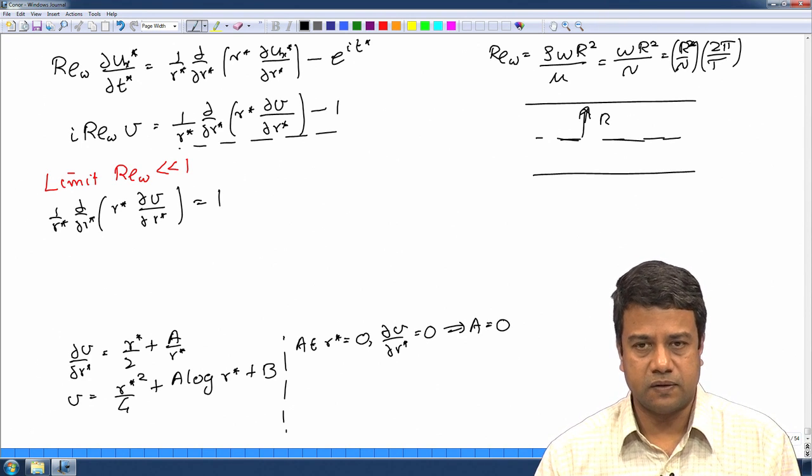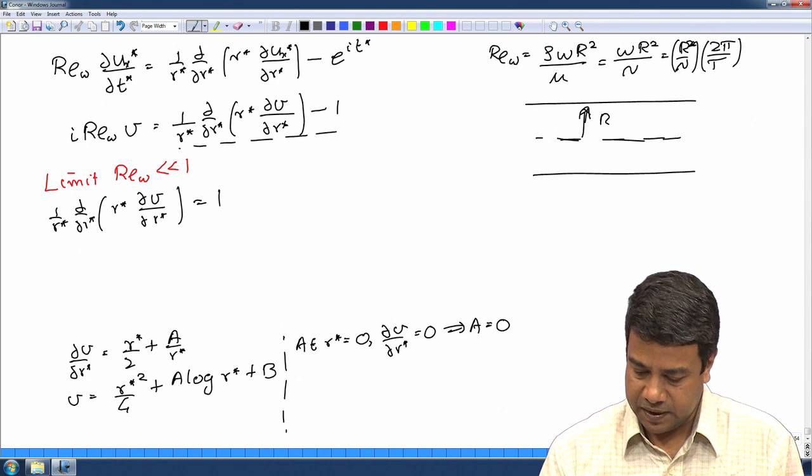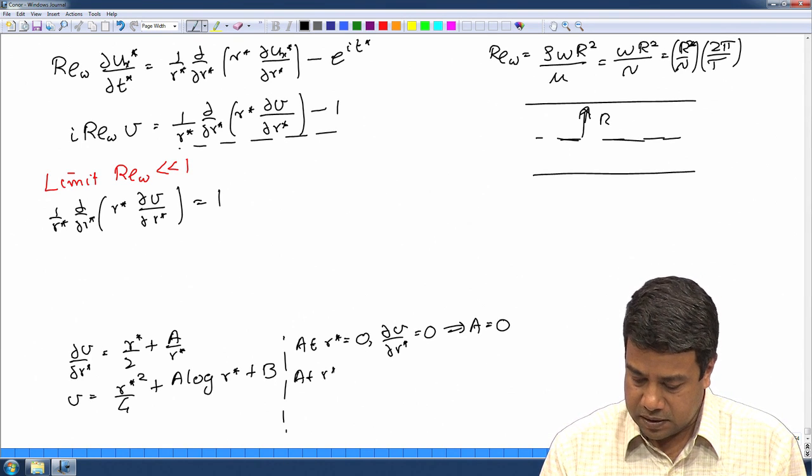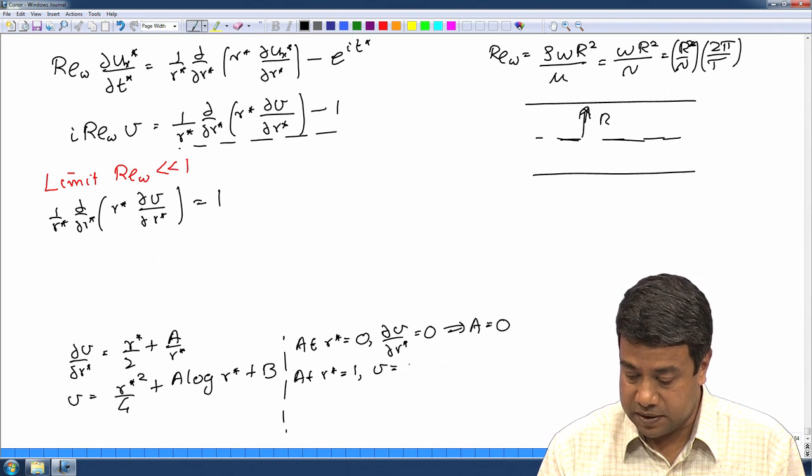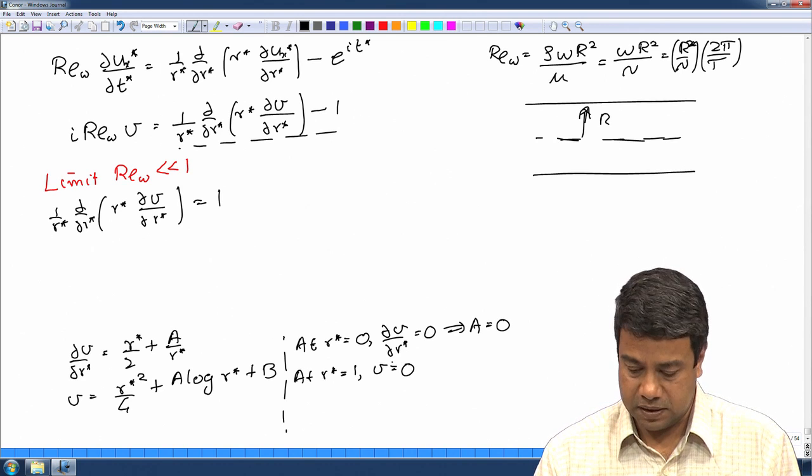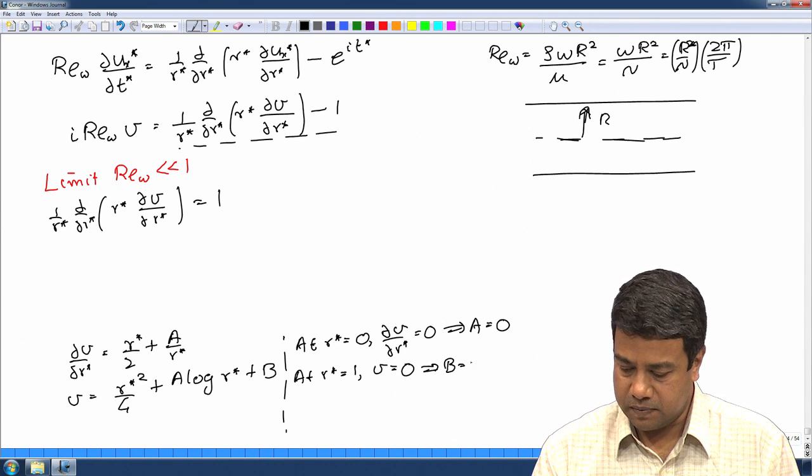If you take the derivative, it goes to infinity at r is equal to 0. And at r star is equal to 1, v has to be 0, the no slip condition. This would imply that b is equal to minus 1 by 4.